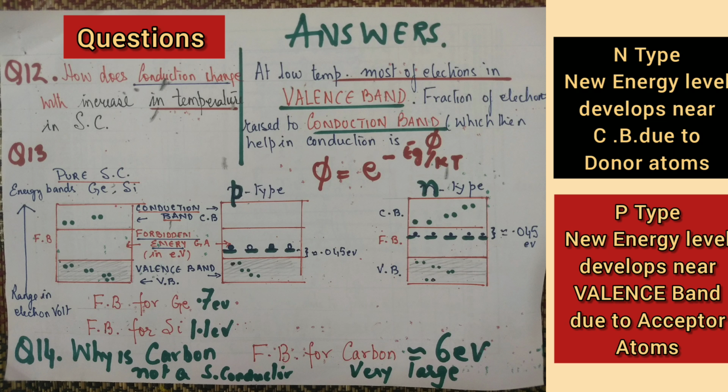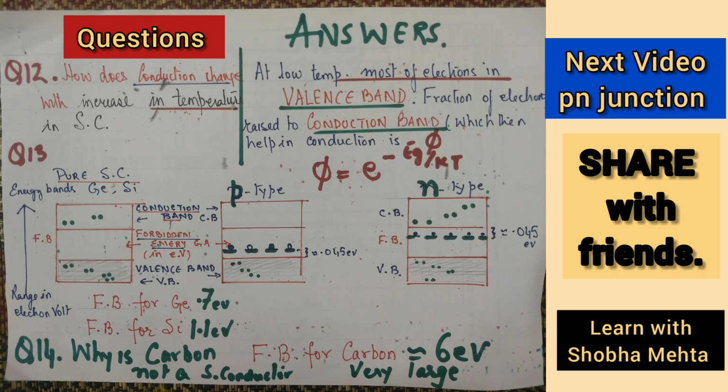In the case of p-type semiconductor, due to the acceptor atoms, a new energy level is created near the valence band. In the case of n-type semiconductors, due to the donor atoms, a new energy level is created near the conduction band. So remember these diagrams very well, and you will surely master this chapter.